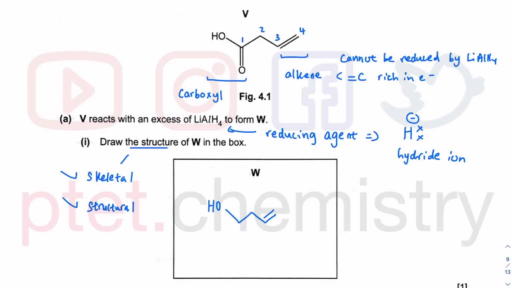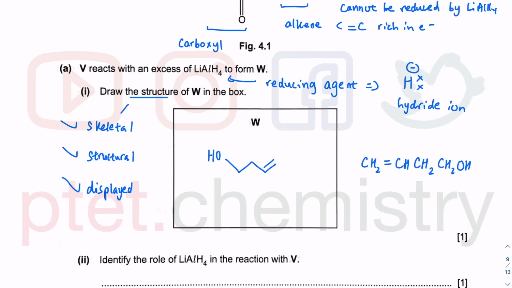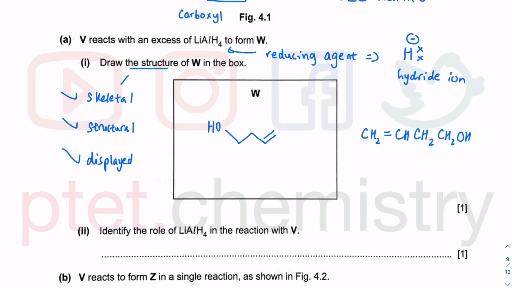If you are a structural person, then you will write this as CH2 double bond, reading from right to left, CH2 double bond CH, with 1, 2, 3 covalent bonds so there's one hydrogen there, then CH2, CH2OH. That is also acceptable. If you want, you can draw the display formula where you show every single covalent bond, including the O-H covalent bond. They didn't specify which, so whichever one will be accepted as well.